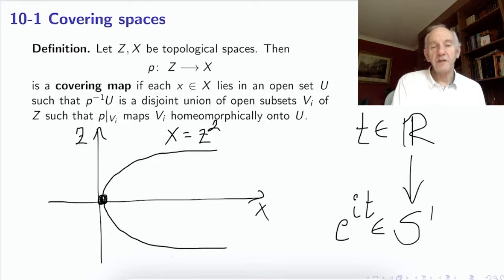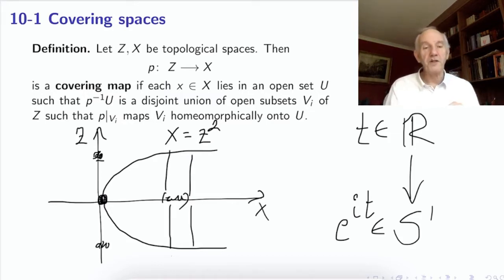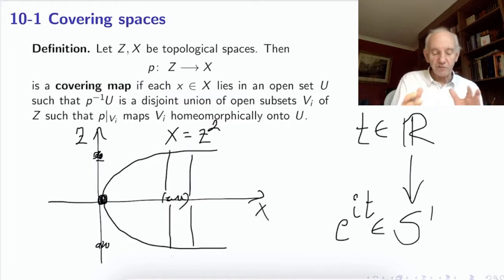Now, provided I'm away from the origin and looking at an open interval in this part here, the inverse image of that does consist of two open intervals, a small one there and a small one here. So the inverse image consists of two open intervals in Z, each one of which is homeomorphic to the interval I had here. They might have different lengths, but they are homeomorphic.